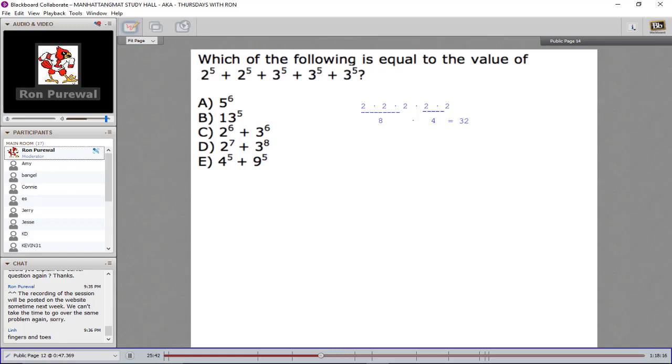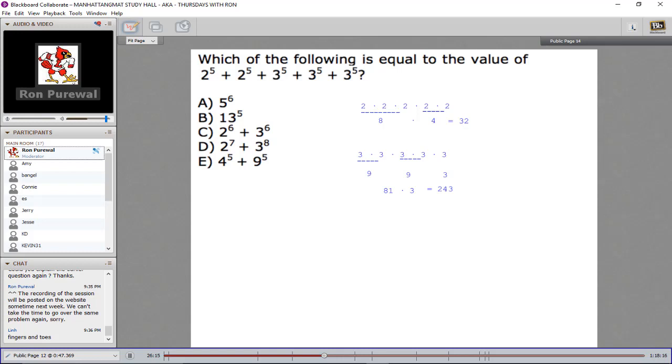And then 3 times 3 times 3 times 3 times 3. So this is 9, this is also another 9, and this is 3. So this is 81 times 3. 80 times 3 is 240, so this is 243. These are not big numbers, guys. This is very doable in a short time.